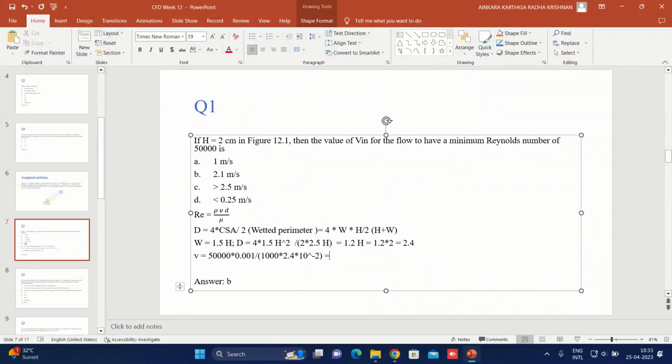If we do that, it would be divided by 10. Okay, answer is 2.083. So it is approximately equal to 2.1 meter per second. So the answer to this is option B.